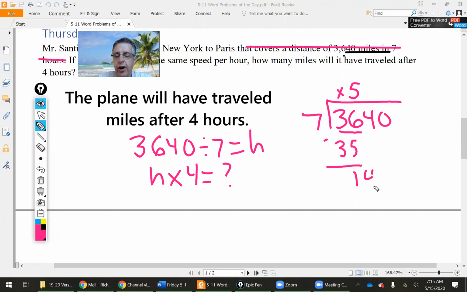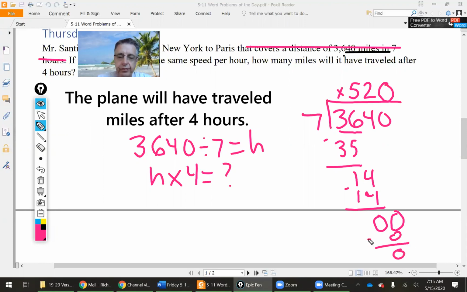Drop down the 4. 7 times blank equals 14, which is 7 times 2. Then I'll subtract 14 from 14, and that gets 0. I drop down the final 0 here, and 7 times 0 equals 0. And that means I have no remainder.